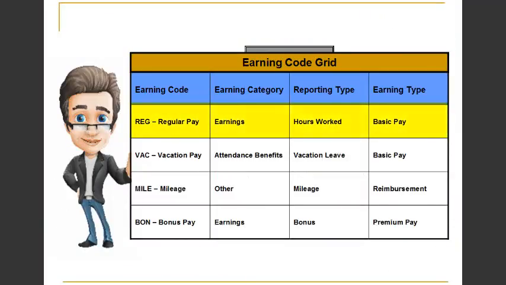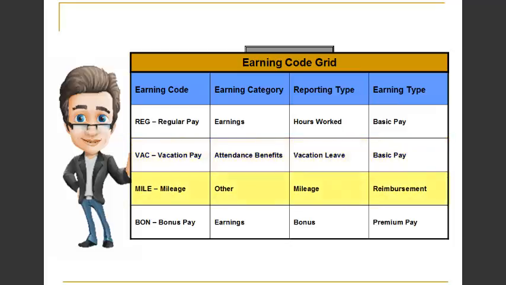For regular pay, the earnings category is earnings, the reporting type is hours worked, and the earning type is basic pay. For vacation pay, the earnings category is attendance benefits, the reporting type is vacation leave, and the earning type is basic pay.